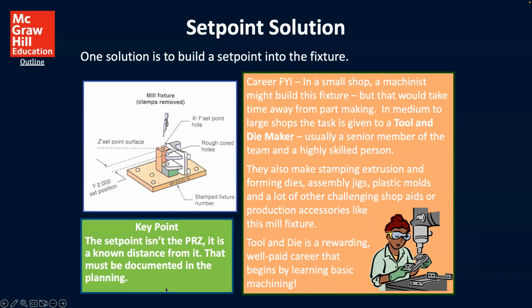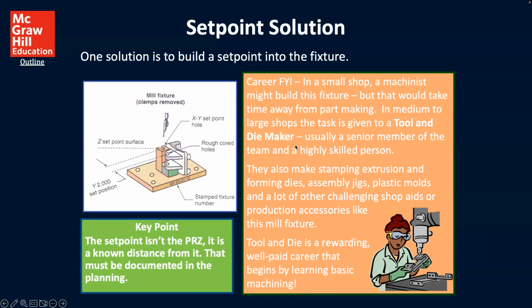In terms of thinking about your career, in a small shop, a machinist might build the fixture, but that would take time away from part making. In medium to large tool shops, the task is given to the tool and die maker, usually a senior member of the team and a highly skilled person.